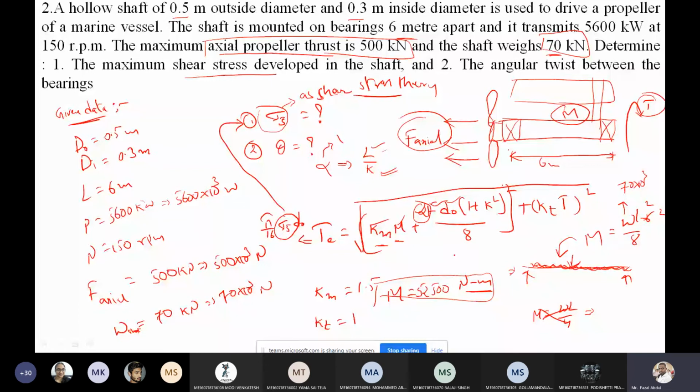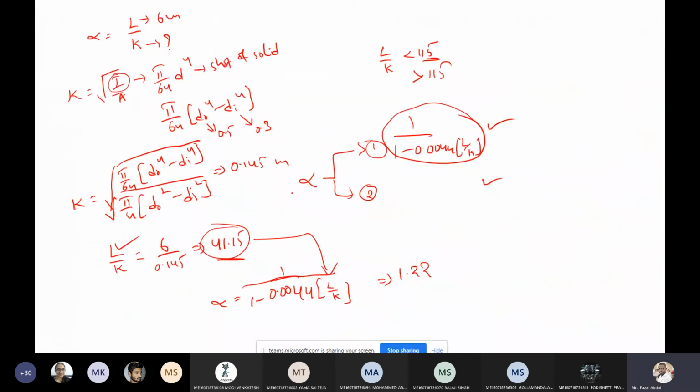Okay. Km value we calculated, M value we calculated, alpha value just now we calculated, F value is given in the question, D naught value given in the question. K is a ratio of diameters.